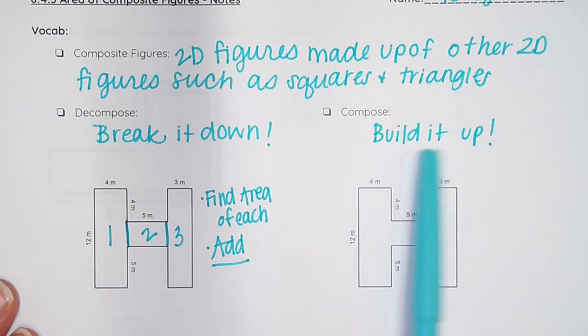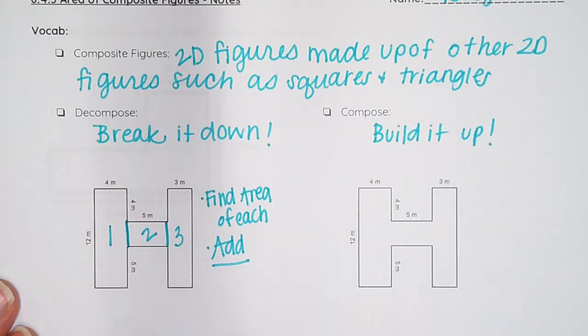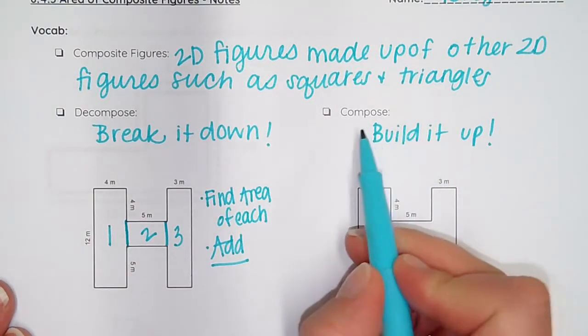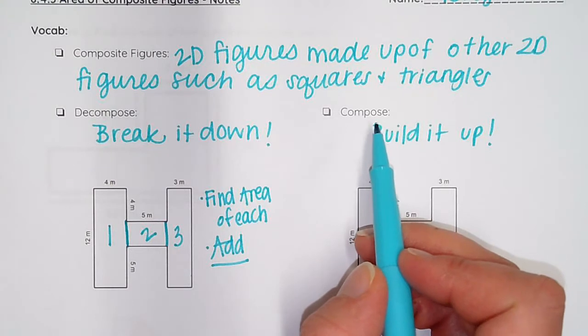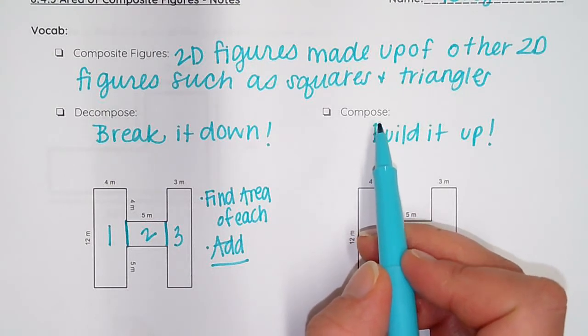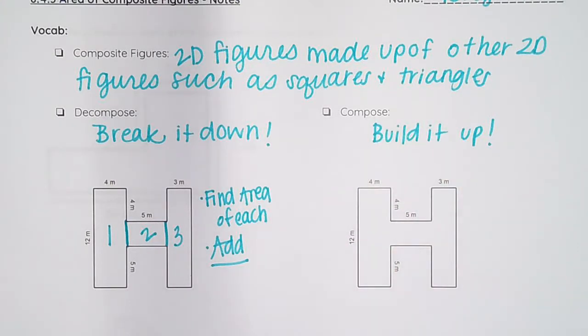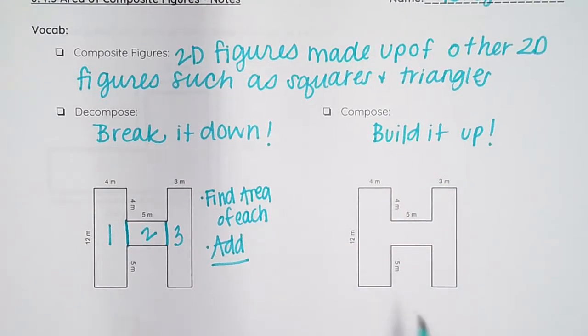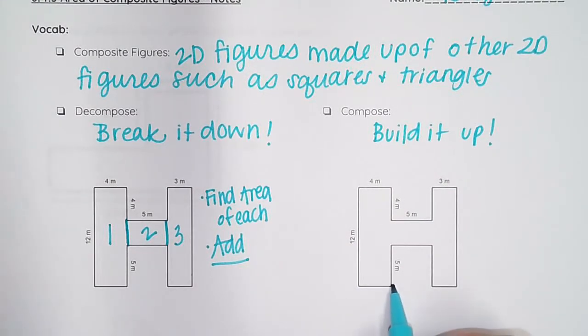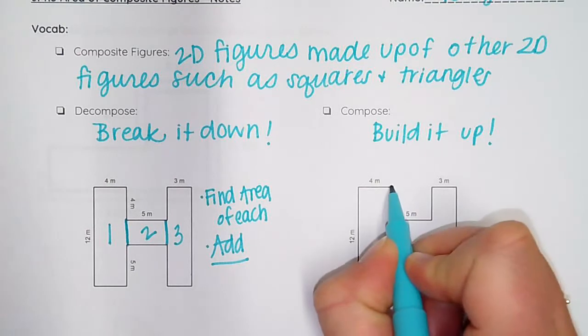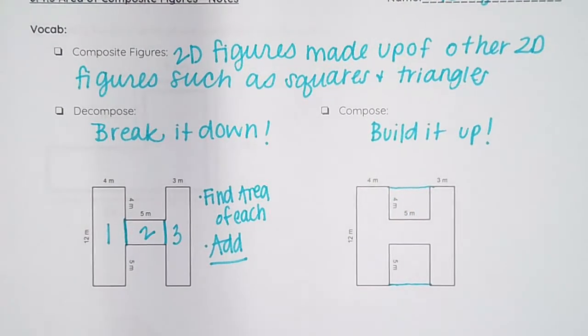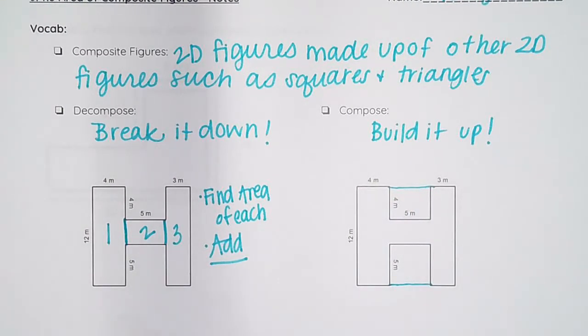The other option is to compose. This is where we would build it up. Again, with compose, I think of the word composer or composing music, and I think of building and creating music. So we would build this up. If I have this H, I can connect those pieces there, getting me a full rectangle.